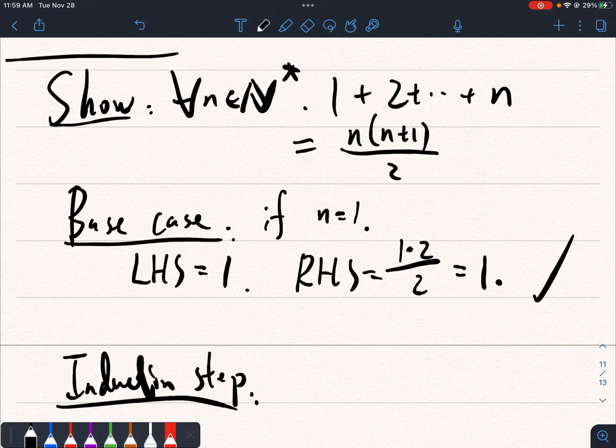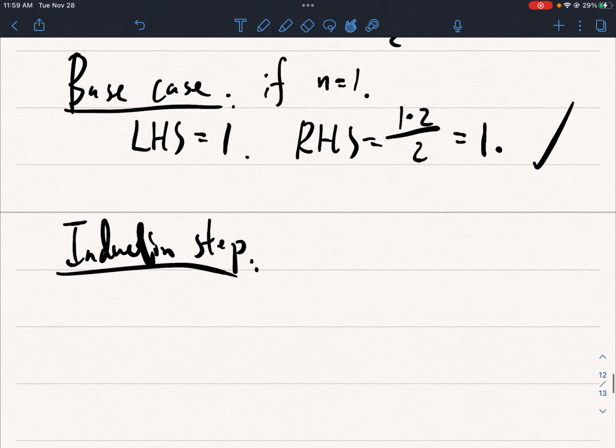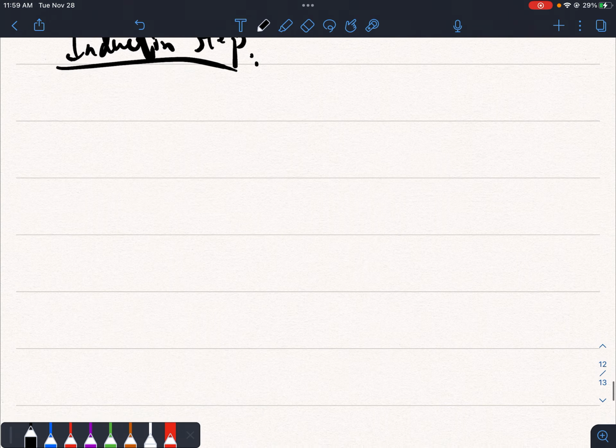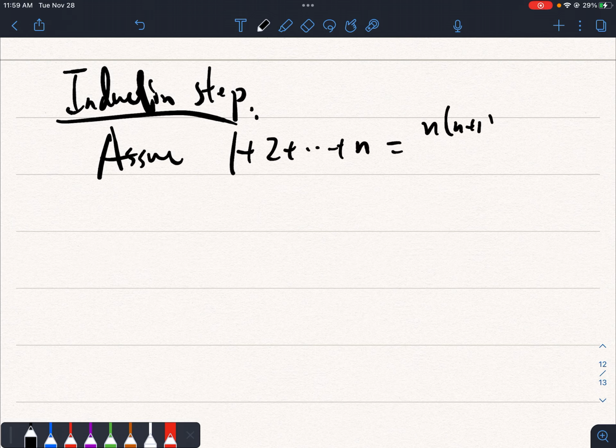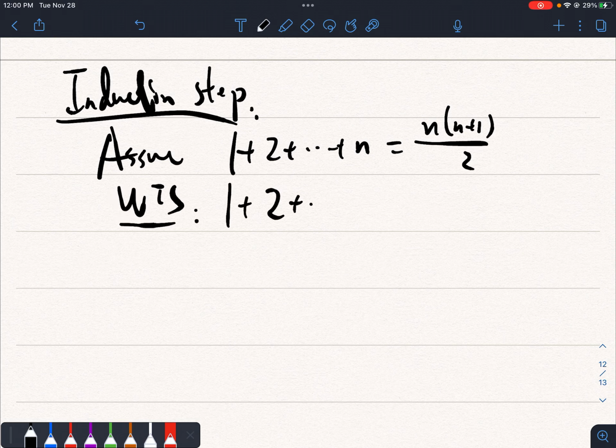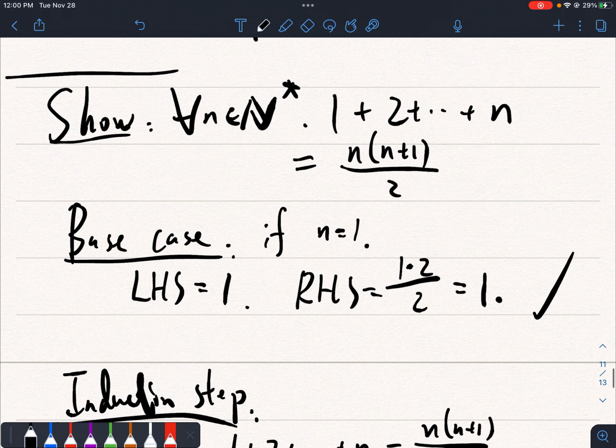I want to show that if this is true for n, then this is true for n plus 1. Which means we can assume that 1 plus 2 plus up to n is n times (n plus 1) over 2. And we want to show that if we do this all the way to n plus 1, then this should also be true.